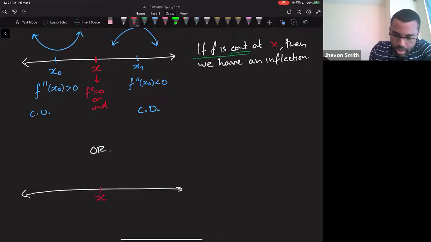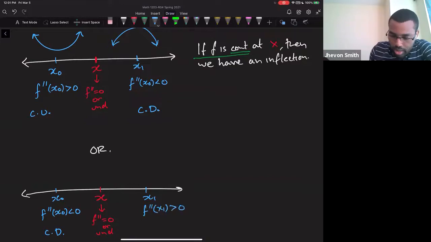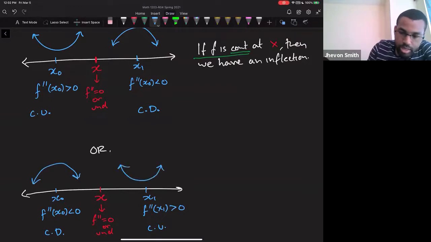Here's my guy x, where the second derivative is 0 or undefined. So I pick a random number over here, and the second derivative of that number gave me something less than 0, which means it's concave down. Pick a random number over here. Let's say the second derivative gave me something greater than 0, which means it's concave up. Means over here, I'm shaped like a frowny face. Here, I'm shaped like a smiley face.